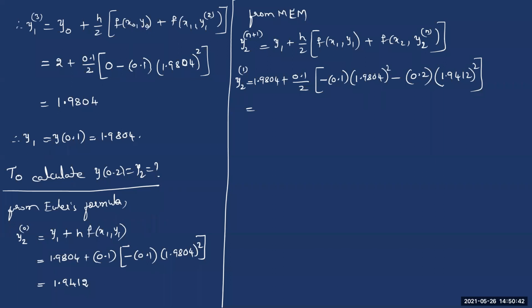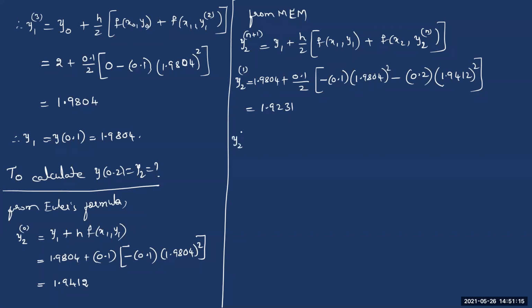And then in brackets, it is 0.05, which is 0.1 by 2 actually, 0.05 into 0.1 into square of that, 1.9804 square. Then plus, because already I have taken minus common, 0.2 into square of this, 1.9412 square. See, I'm getting this as 1.9231. Right. So this is the first approximation to y2.